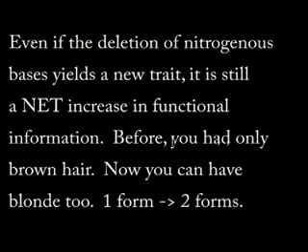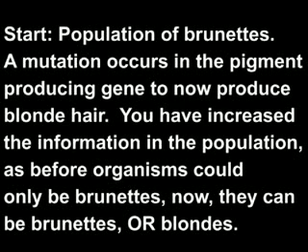Another example of how you can add new information is basically the addition of any trait. If I were to have brown hair, and there was a mutation in the population of humans that would cause you to have blonde hair, that'd be new information.